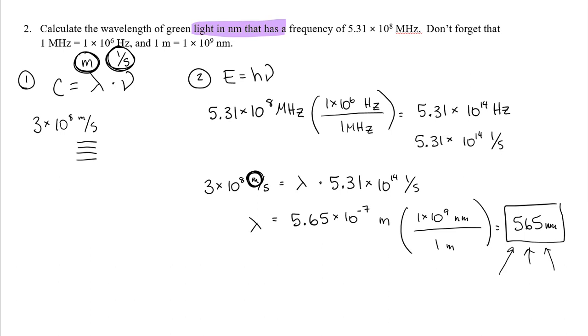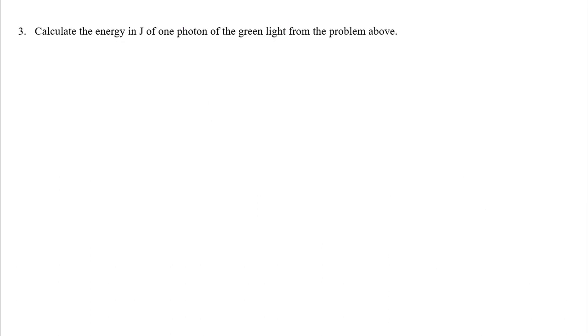And then last but certainly not least, we're going to calculate the energy in joules of 1 photon of that green light. So if we remember what that green light was, it was 565 nanometers. That is its wavelength. And it had a frequency of 5.31 times 10 to the 14th, 1 over seconds, or hertz. So this is where now we're going to get into our energy equation.